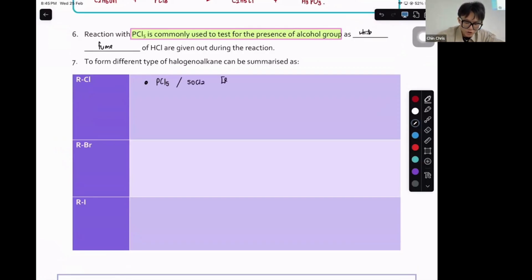These two you can just do under room temperature, and the reactions will go on as usual, and do not require any heating. But if you want to heat it, then you can use PCl3. So for PCl3, remember, you have to do it with heating.